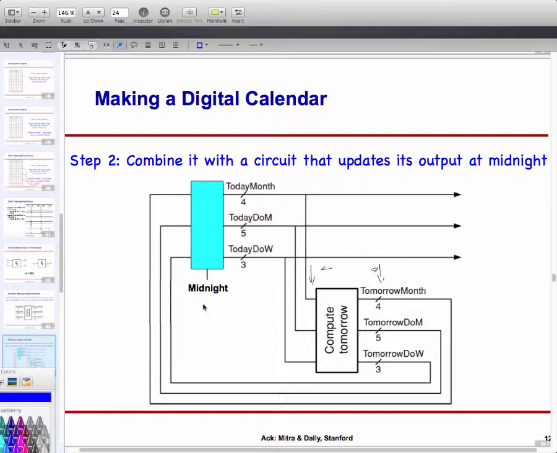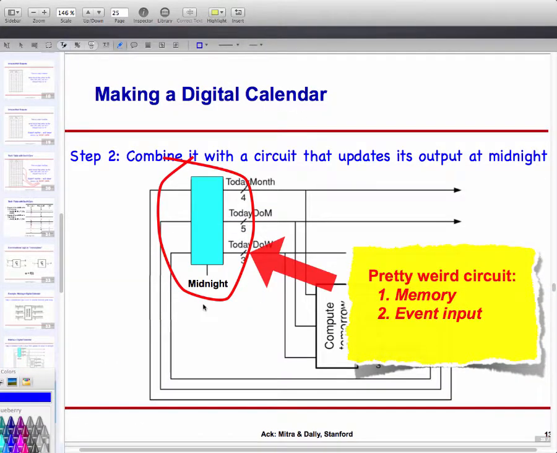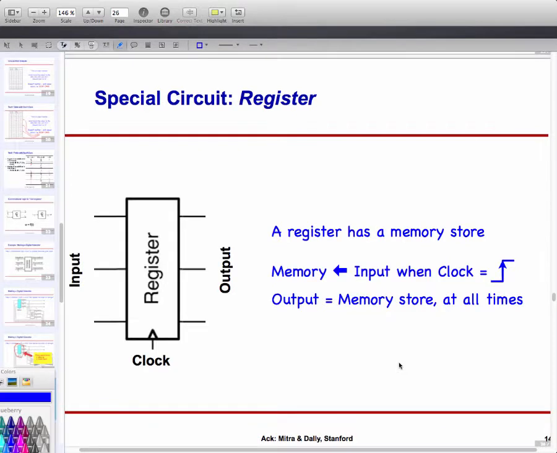So as you can see, there are these two entities: something which can store, and something which is just a mathematical function. And this thing has these two characteristics: it is memory, and it runs whenever an event happens. So you'll see a lot more of it in the latter part of the course. In circuit terminology, these things are called registers, and that event input is called a clock.